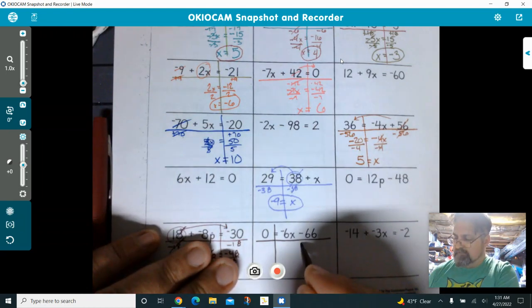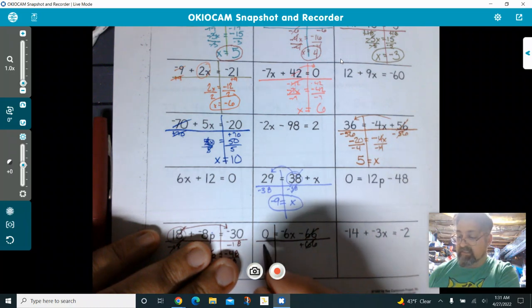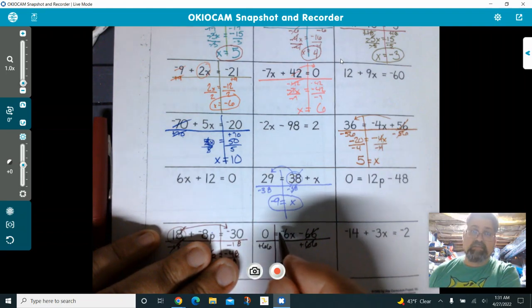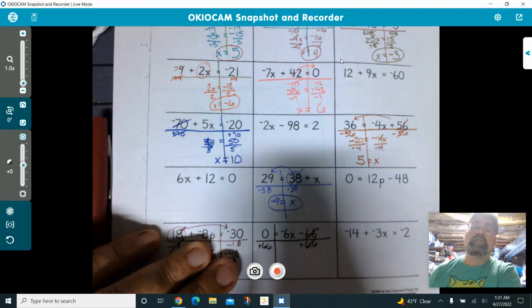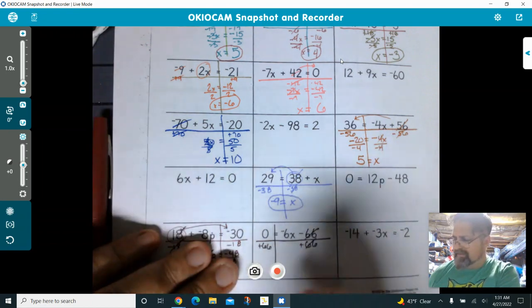Plus 66. Those cancel and go away, but the plus 66 here too. What's 0 plus 66? Don't anybody touch your calculator to answer that one either. You know this. Okay, yeah, it's 66.